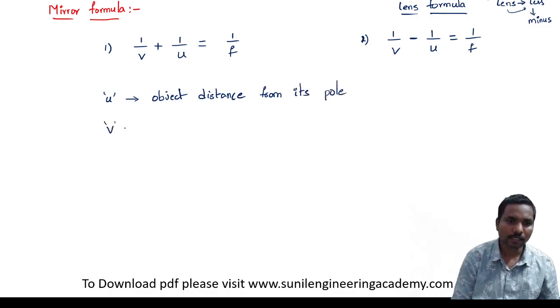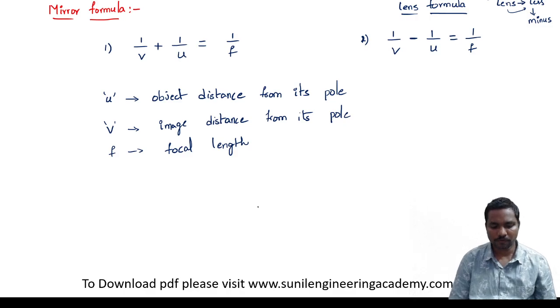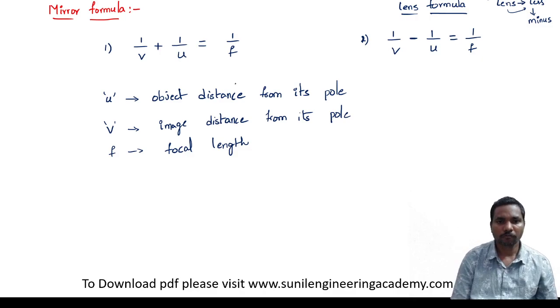V is the image distance from its pole. And F is the focal length. 1 by V plus 1 by U is equal to 1 by F.